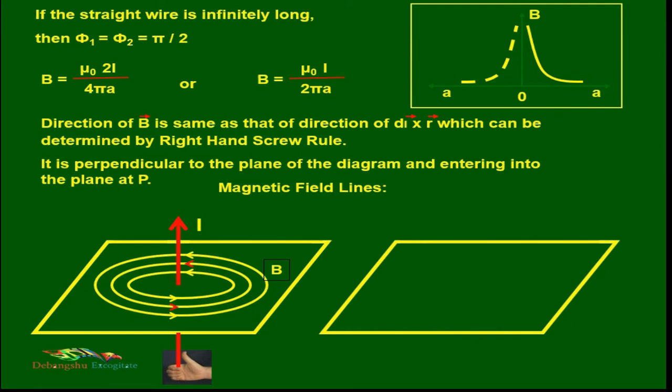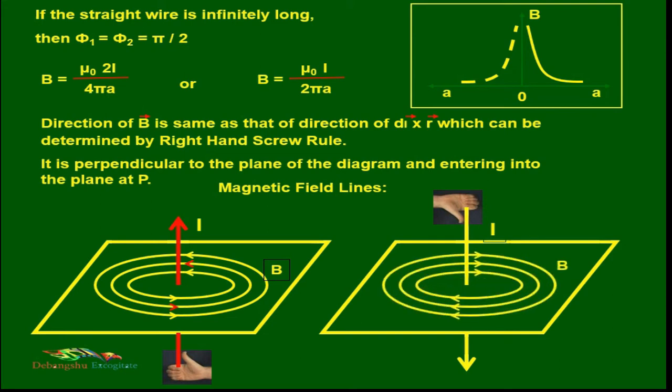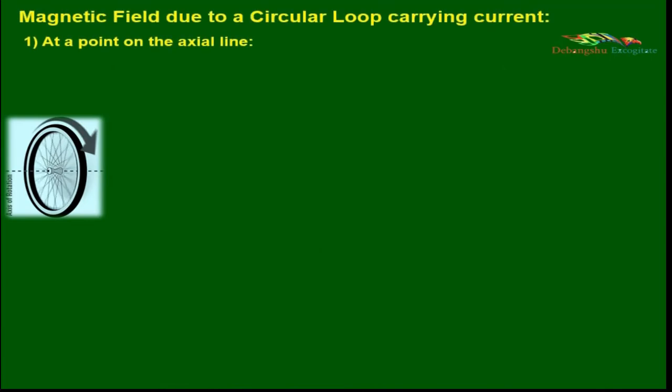This you can see in the experiment I performed at the beginning of this lesson. You can see I towards your thumb, right hand thumb, and the direction of magnetic field are like this along the curved fingers.